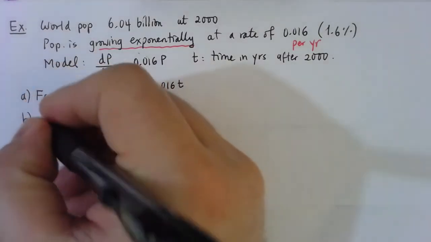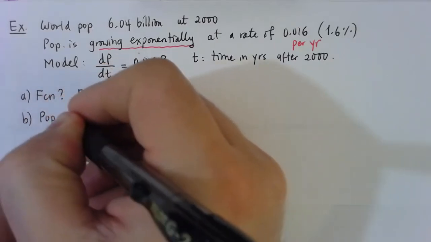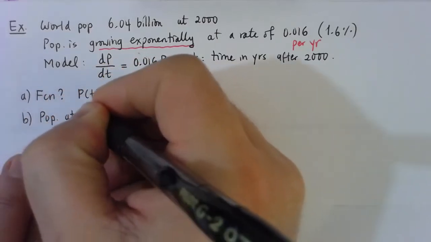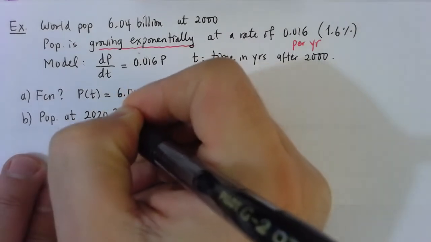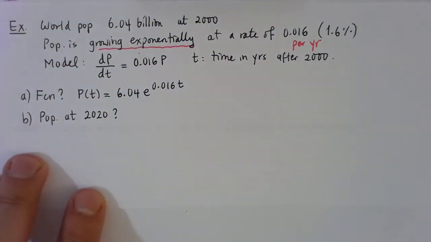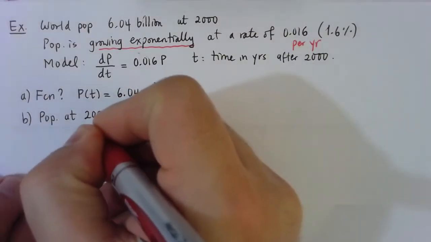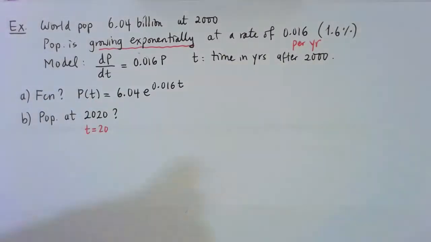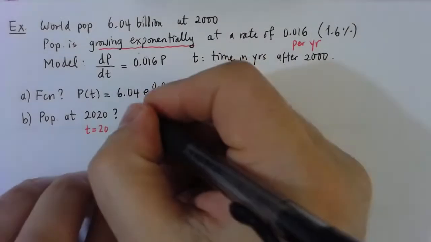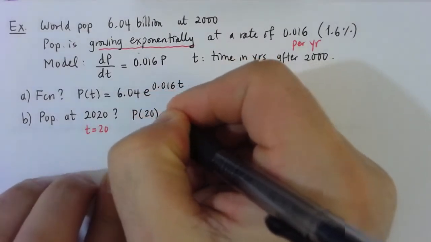And then part B says, can we find the population at 2020? That's the question. So you see this one really implies just t needs to be 20 in the function p, so we will find p of 20.